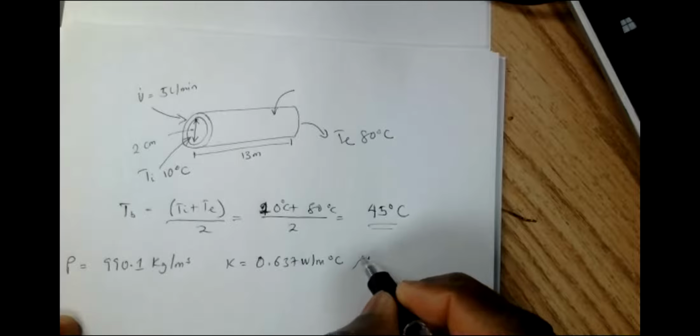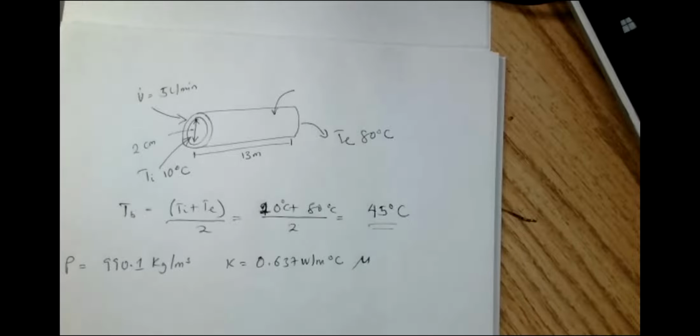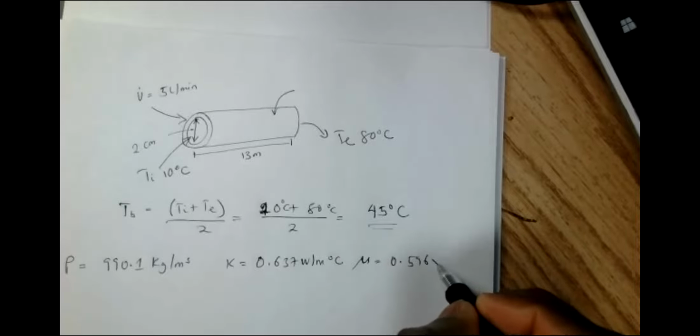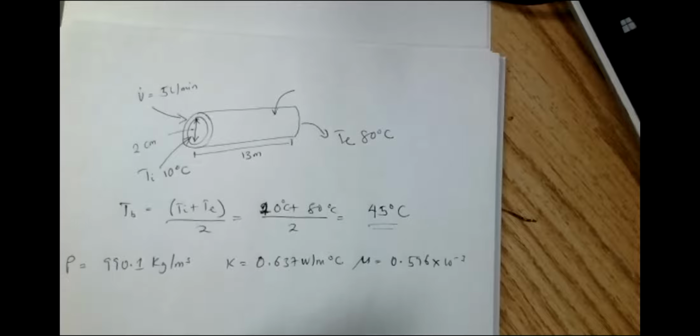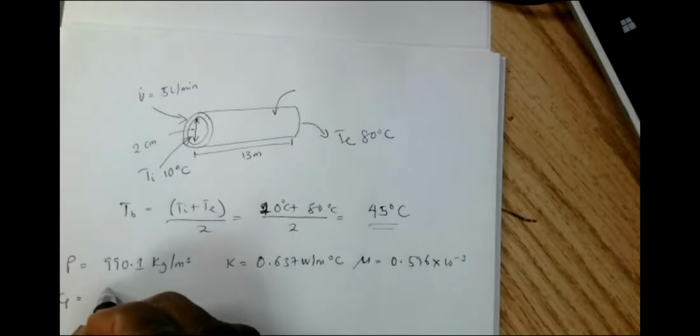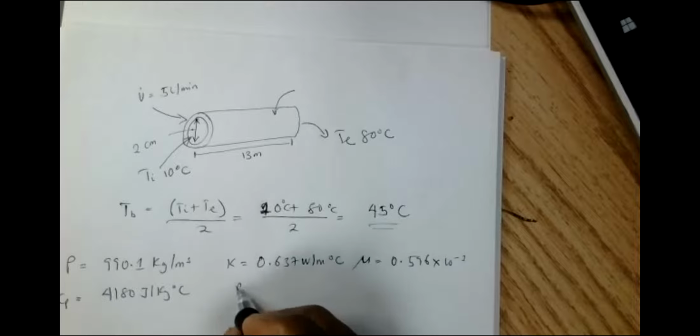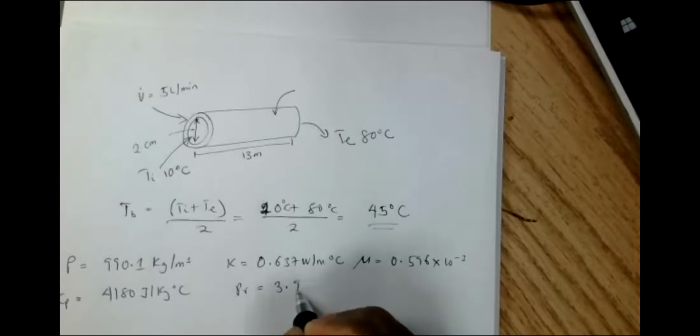We have the dynamic viscosity, let's pull that out. This is 0.596. And the specific heat at that temperature is 4180 joules per kilogram Celsius. And Prandtl number is 3.91.